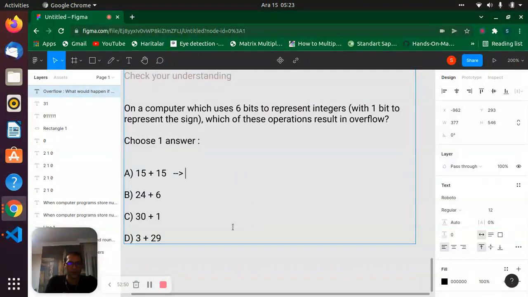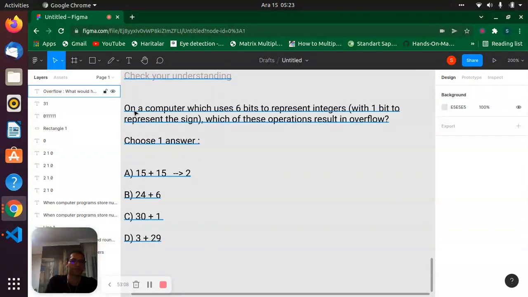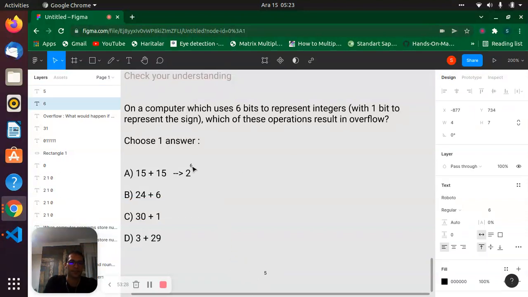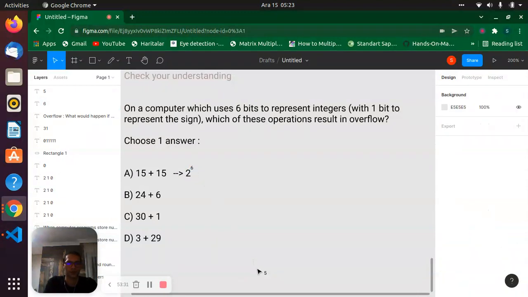Now what I want to do here, friends, is something like this. Let's say this is 6 power of 2.